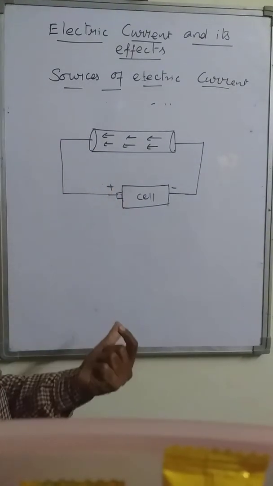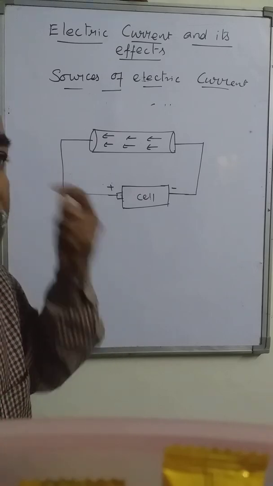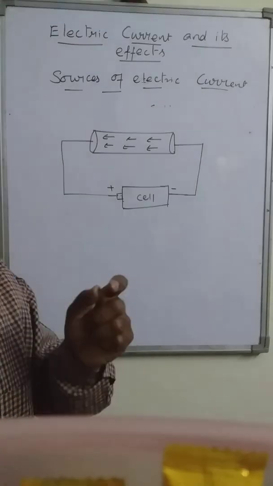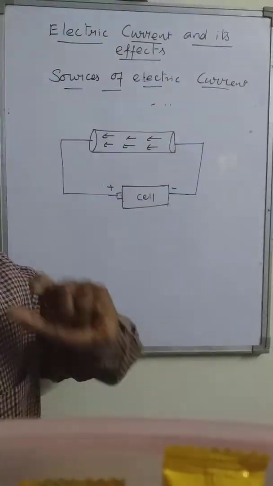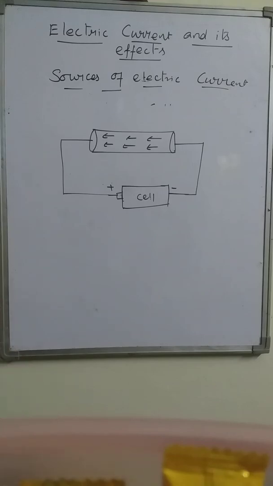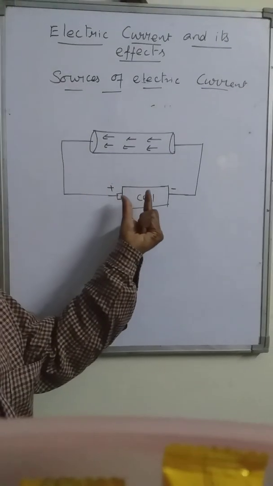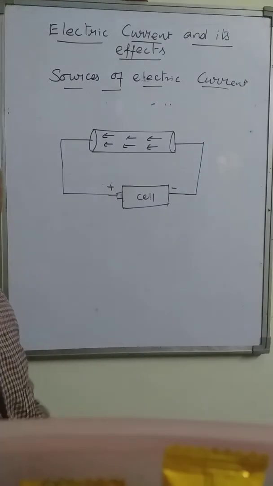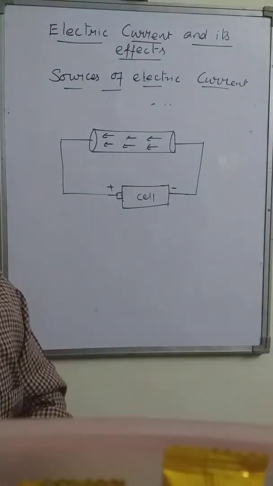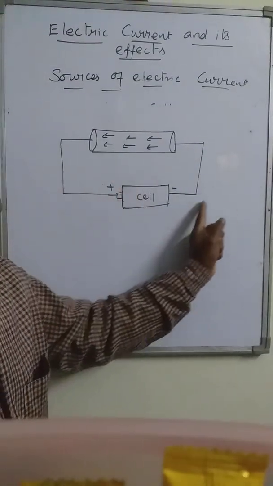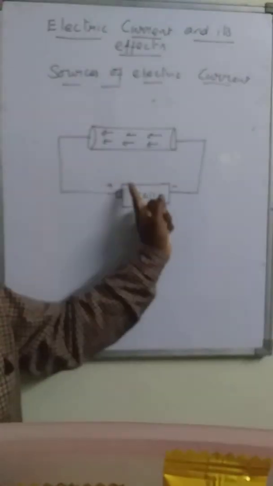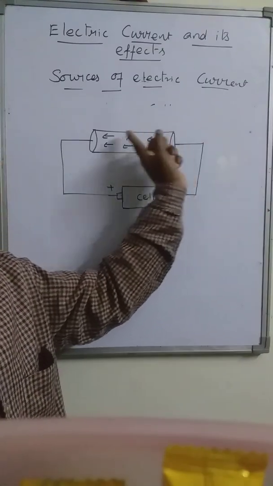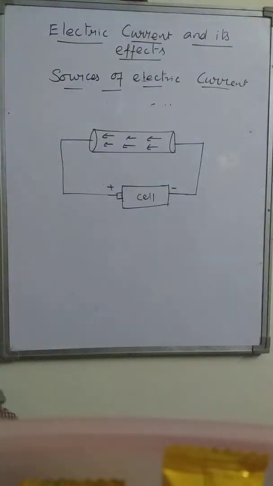This is the cell, and it has two terminals, positive and negative. A single cell gives some energy and causes the flow of some quantity of electric current.